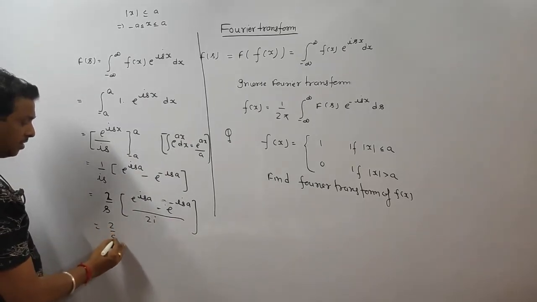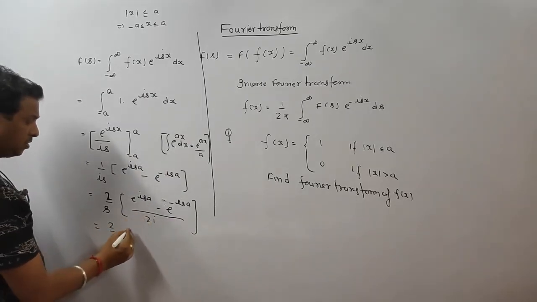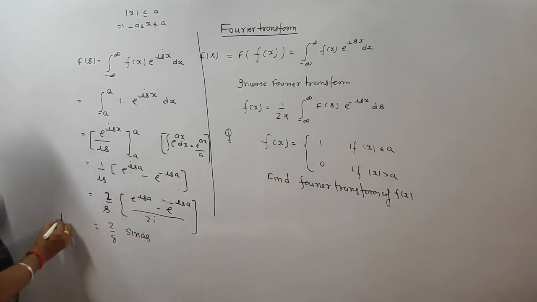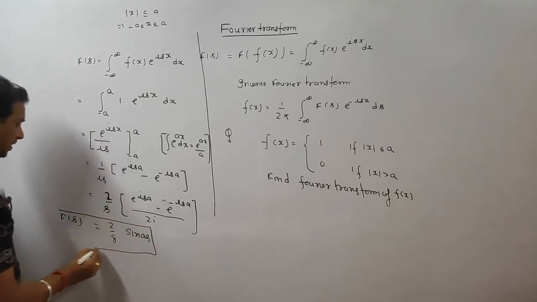This is nothing but the formula for sine s a. So this is the Fourier transform of that function.